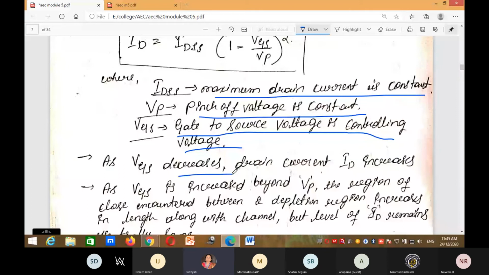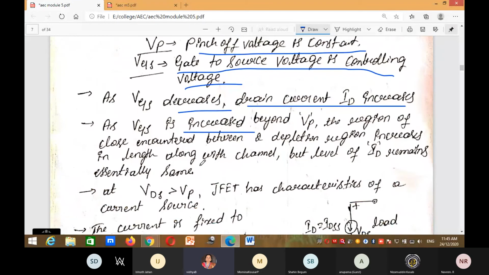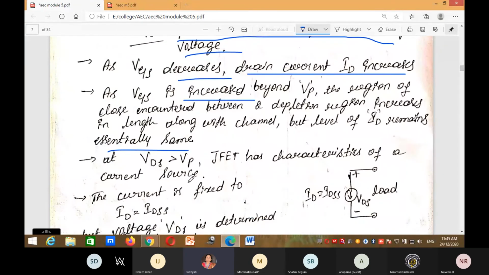If VGS decreases, what happens? Drain current ID increases. As VDS is increased beyond VP, the region of contact between the two depletion regions increases in length along the channel, but the level of ID remains essentially the same.